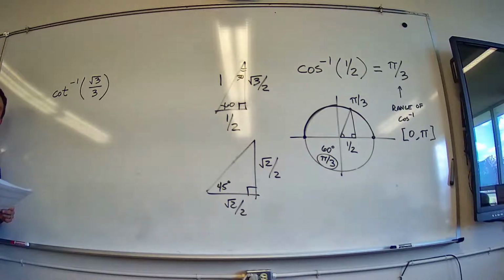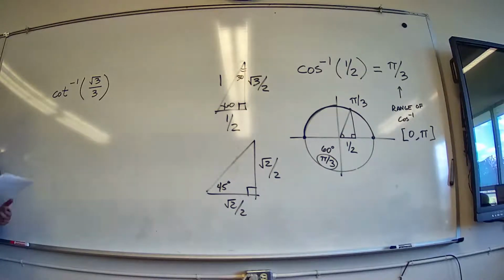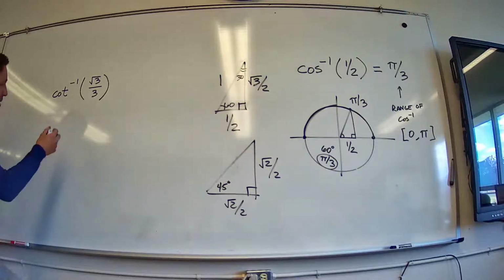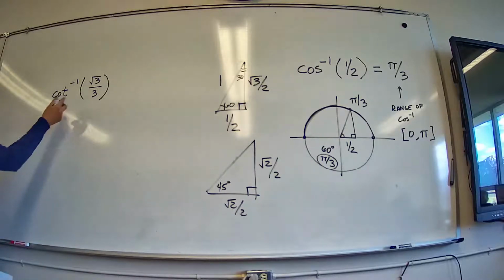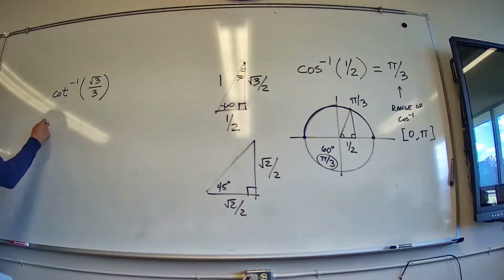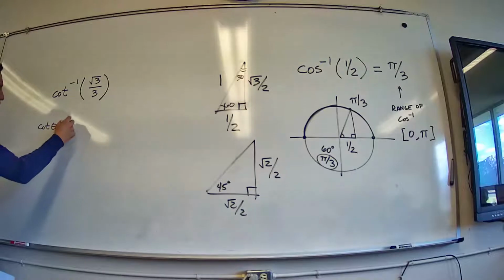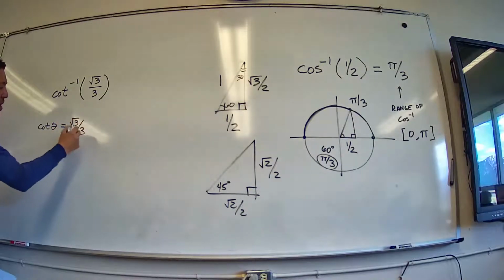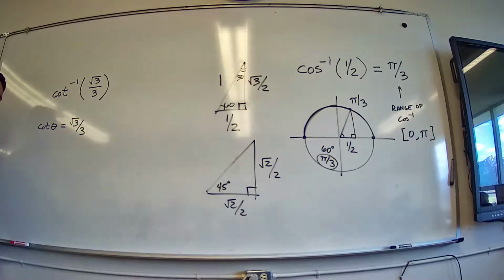I really hope this doesn't confuse you guys, but would it be okay if I showed you a semi-alternative method? Suppose I was asked this question just in a vacuum, so to speak. What I would probably do is I'd say, well, you're telling me that the cotangent of some angle is root 3 over 3. And I'm glad you didn't put a negative number there because that would have added an extra layer of difficulty to it.